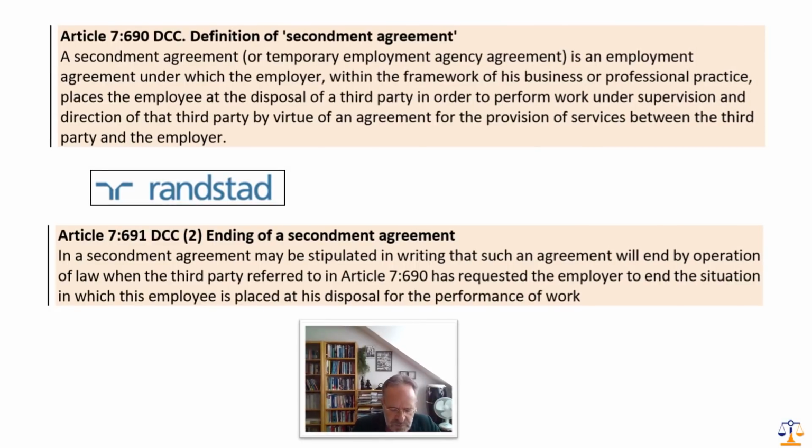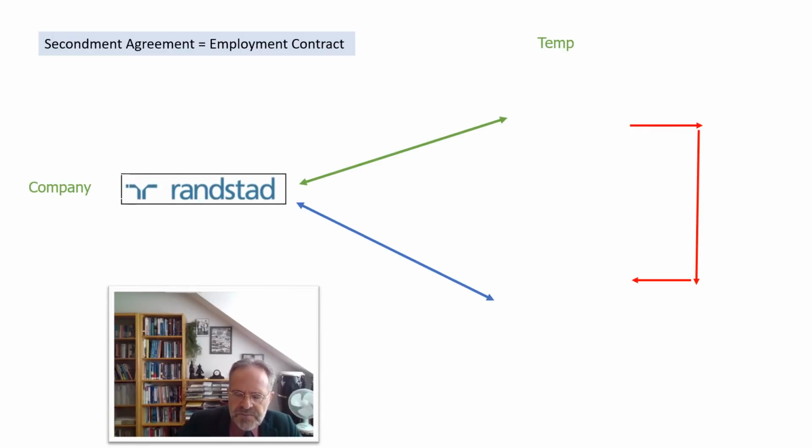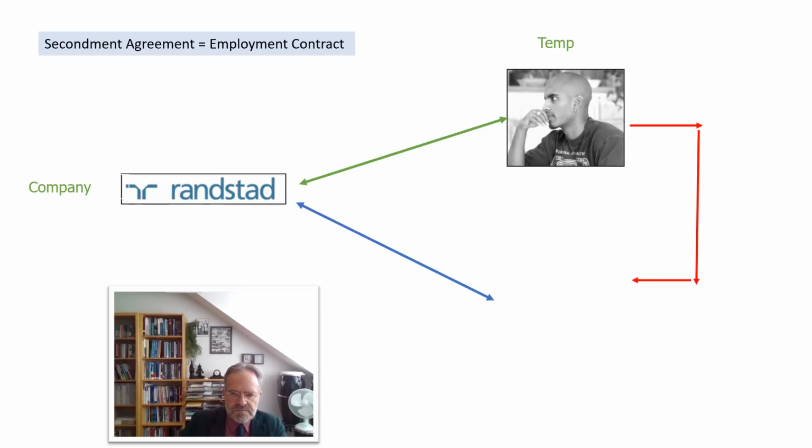Now we will briefly look at this secondment agreement. This secondment agreement is an arrangement which involves three parties, and it's maybe a bit difficult to describe, and it's best, I think, visualized. In the secondment agreement we have a company, Randstad, een uitzendbureau.